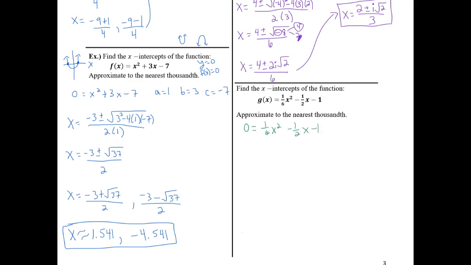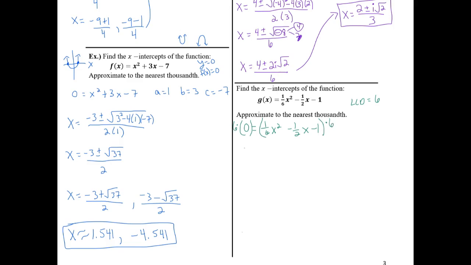Now, I do not want to deal with these fractions. I don't want to put that into my quadratic formula. So we're going to clear out the fractions by multiplying by the LCD. The LCD, looking at these denominators, 6 and 2, would be 6. We multiply both sides of the equation by 6.